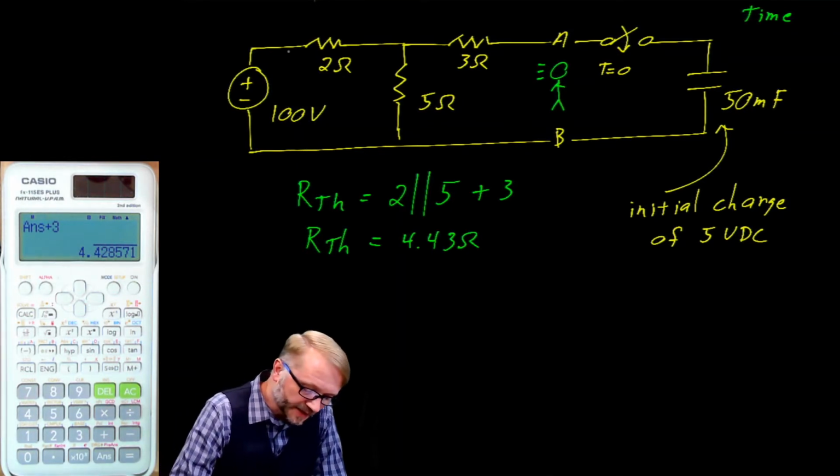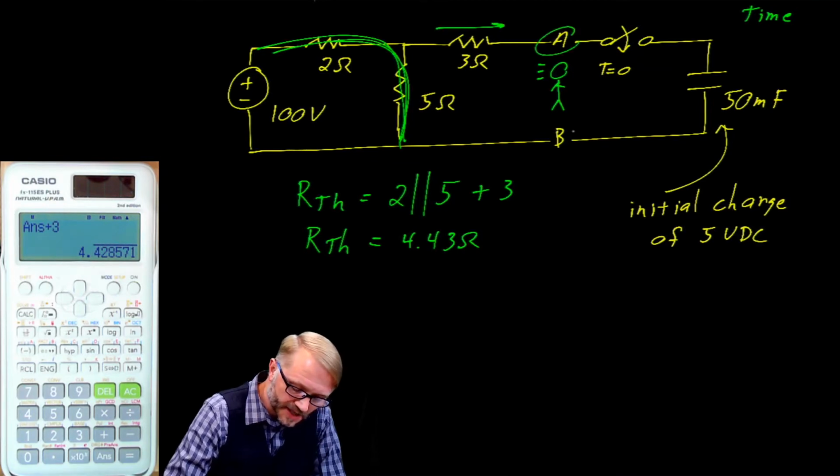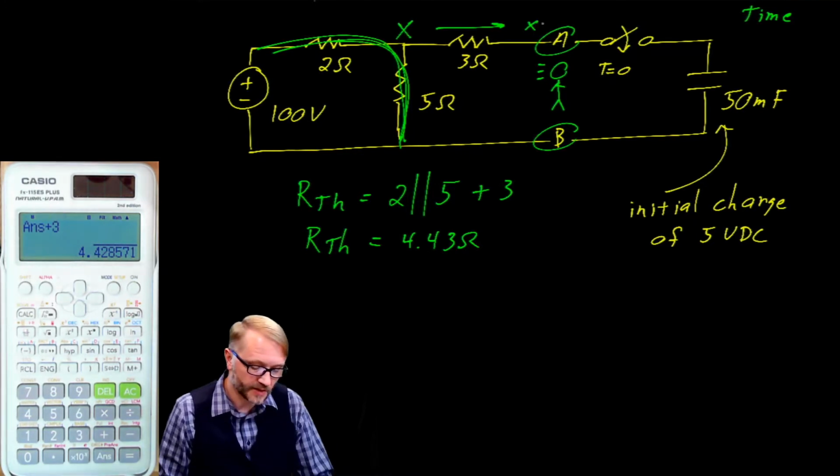We can then calculate the Thévenin voltage using a voltage divider with these resistors here. Remember, there is no current flowing in this direction because terminals A and B are open. Therefore, whatever voltage you have here will be the same as you have there.